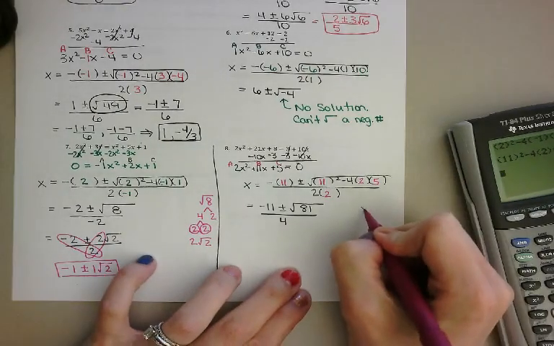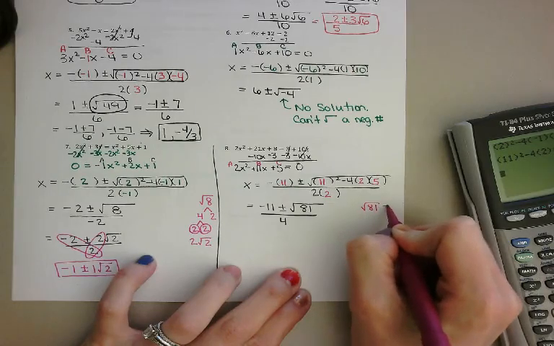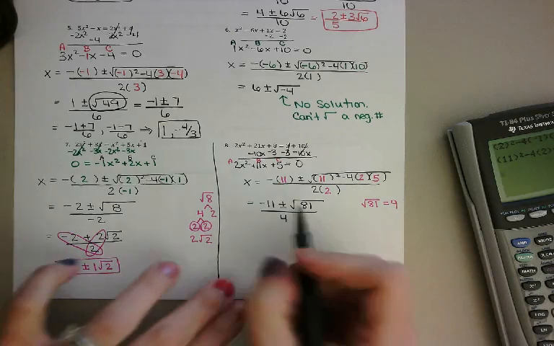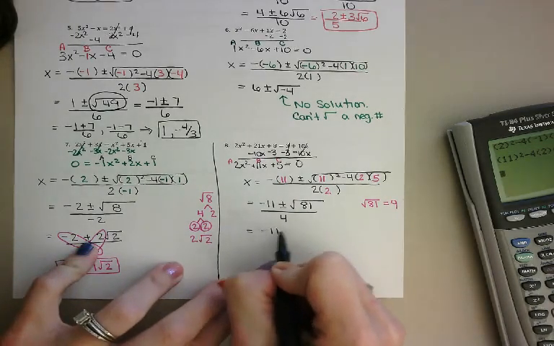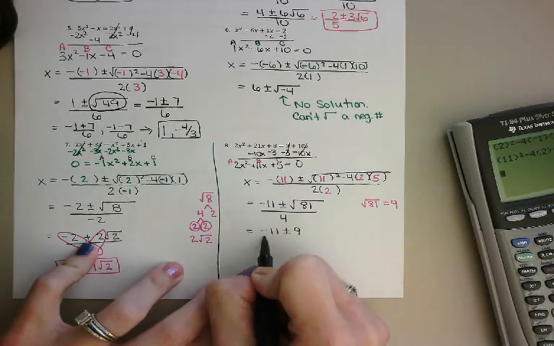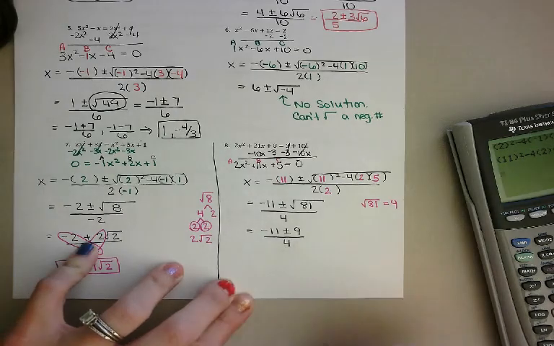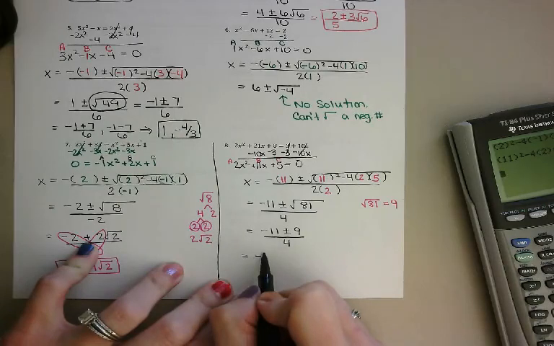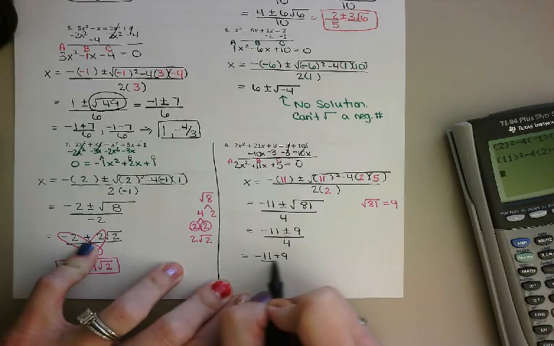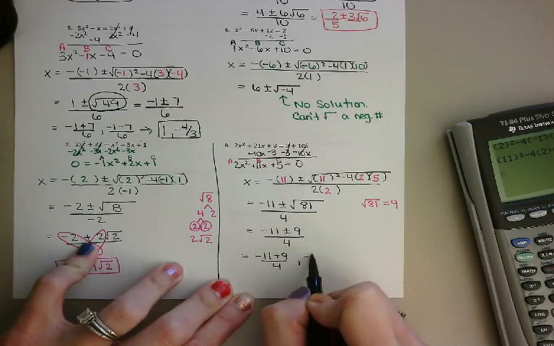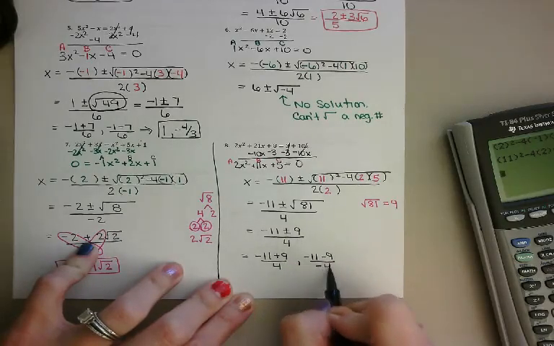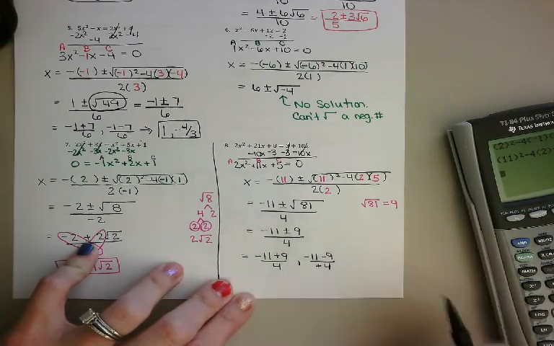Now hopefully you remember that 81 is a perfect square, so the square root of 81 is just going to simplify to 9. So I have negative 11 plus or minus 9, divided by 4. And so this is actually going to give me two separate answers, because I have negative 11 plus 9 that has to be divided by 4, and negative 11 minus 9 that has to be divided by 4.